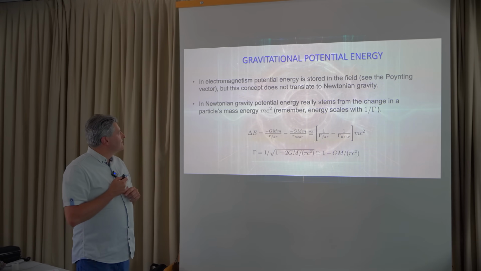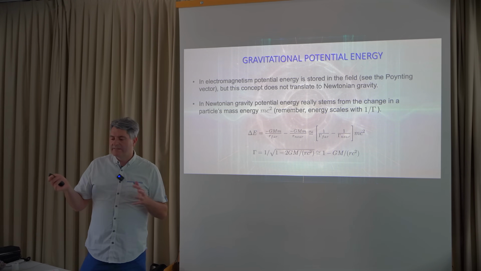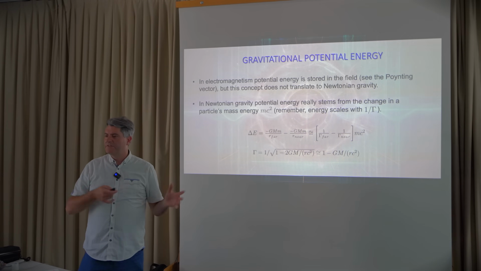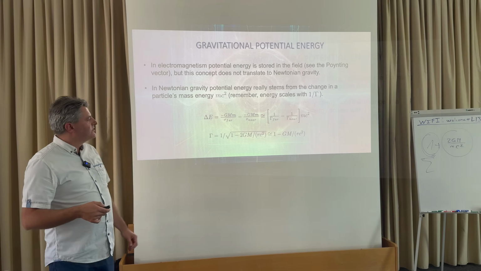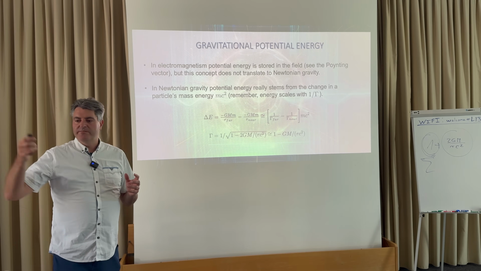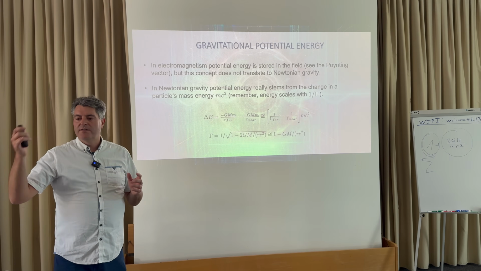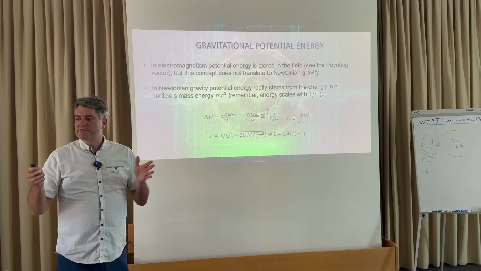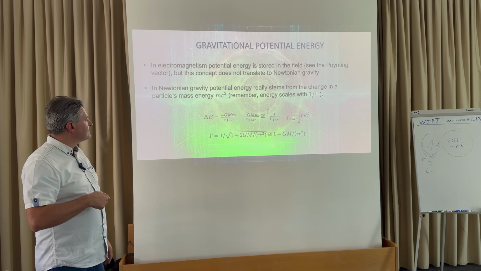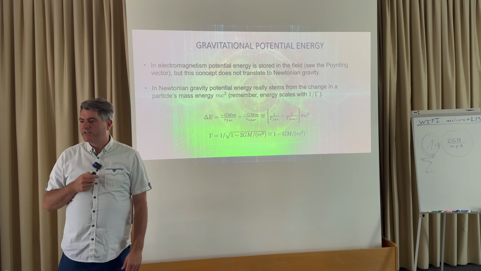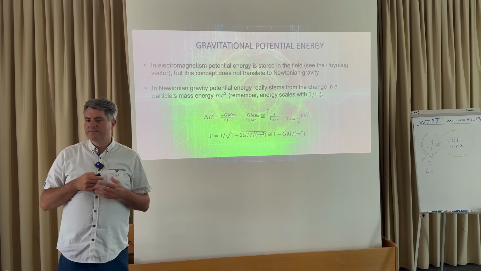I was already talking about how the mass energy inside the gravitational field is changing. What you can do is take the difference between the mass energy at two different positions in the gravitational field and calculate the difference. This is exactly your gravitational potential energy. It's pretty exact.